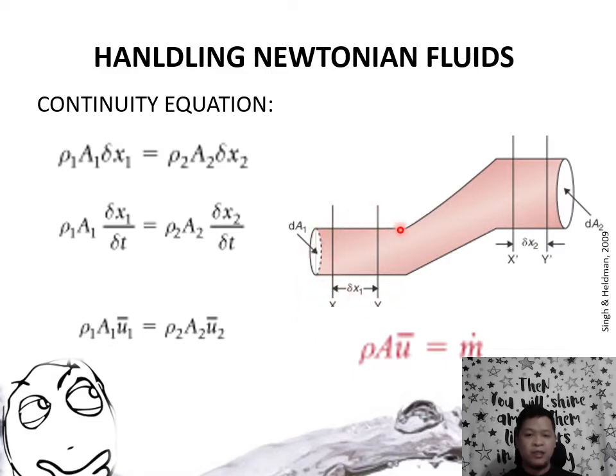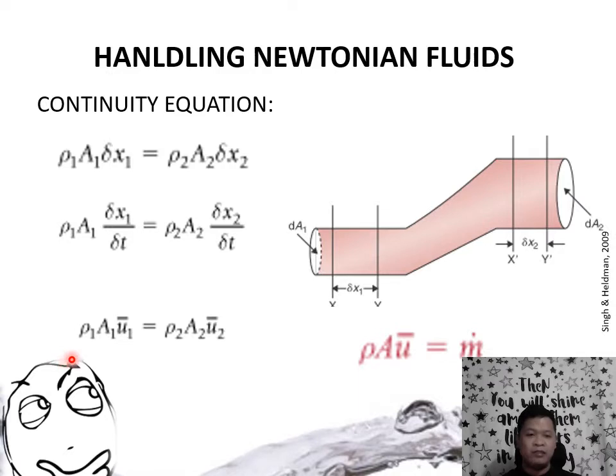Because, for example, here the cross-sectional area is narrower as opposed to here, but the mass flow rate would remain the same, and that is governed by this equation wherein the density multiplied by the area and the velocity at one point is equal to the product of the aforementioned factors in the other.